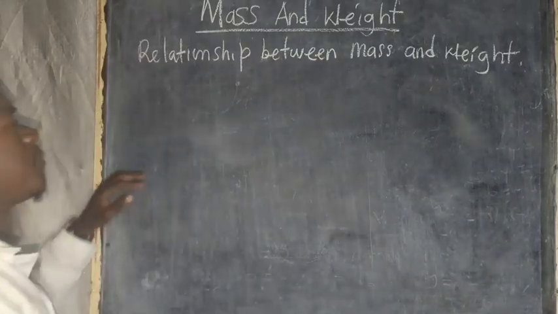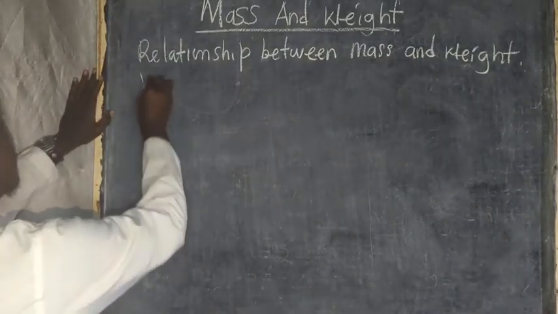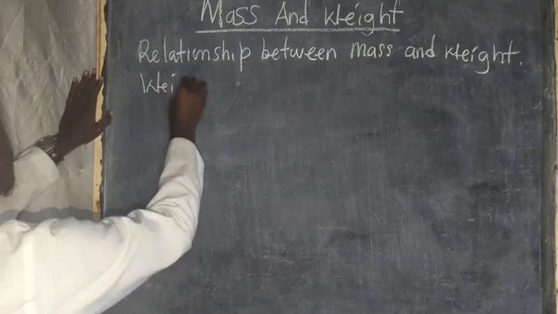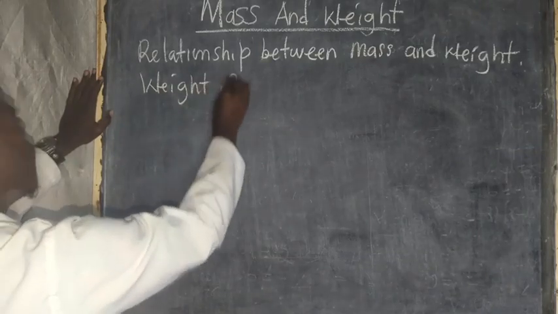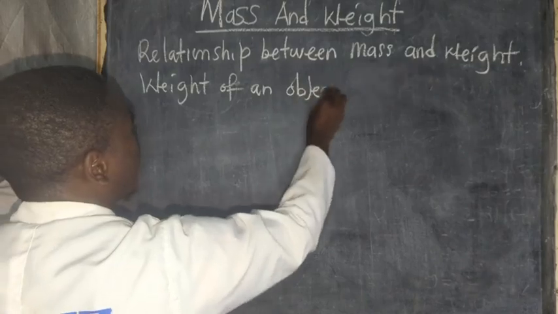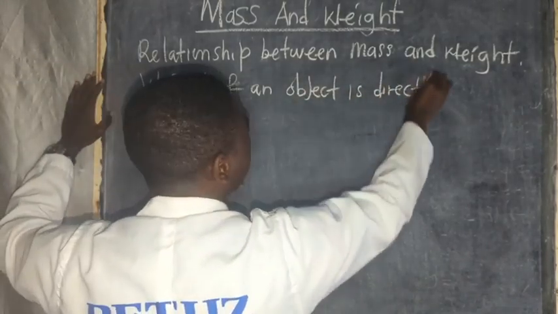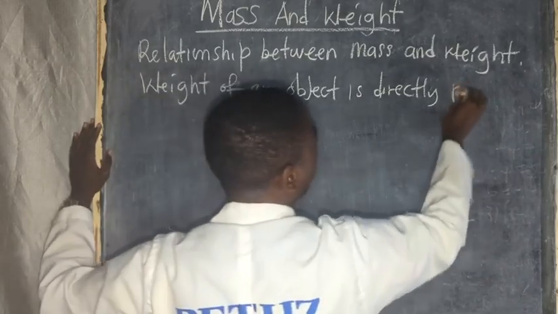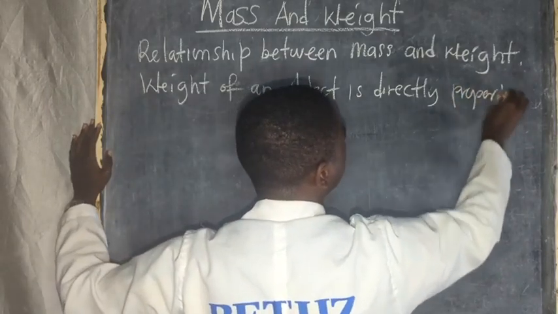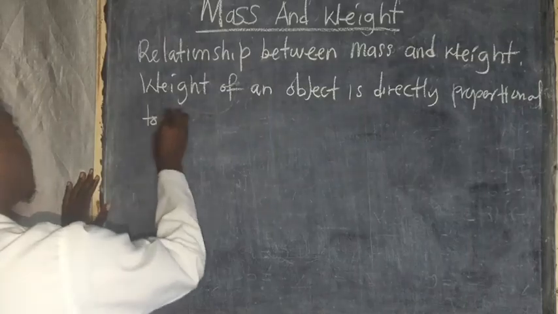So the relationship is that the weight of an object is directly proportional to mass.